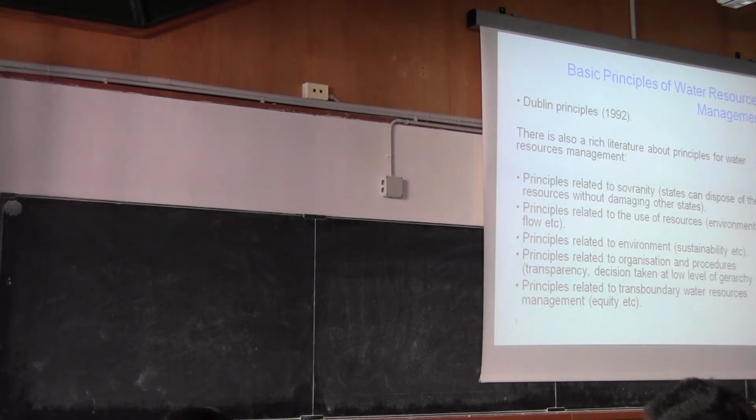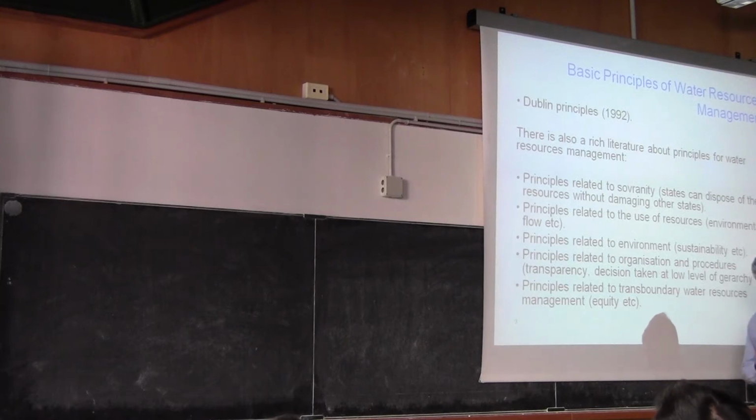For instance, the principle related to sovereignty, which says that states can dispose of their resources without damaging other states. And this is a very important principle when we talk of transboundary water management, which means that the water management has to be agreed between different countries. This requires setting up international laws. And this is really very debated today.